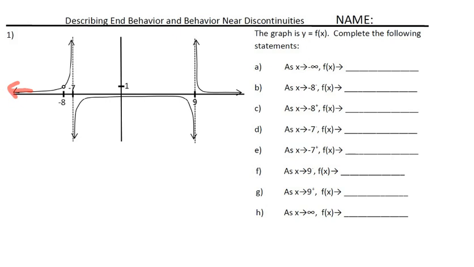Is it getting higher and higher, lower and lower, or leveling off? Leveling off. And what y value is it leveling off at? Y equals 0. I'm getting closer to the x-axis, so x is getting bigger and bigger, but y is approaching 0.